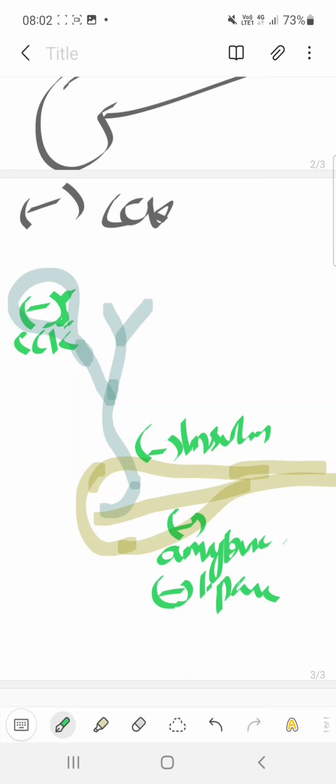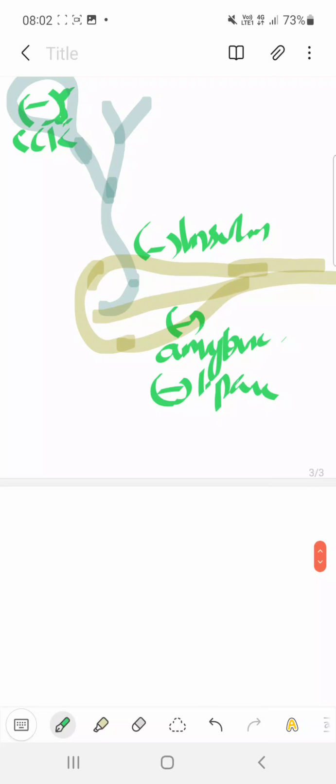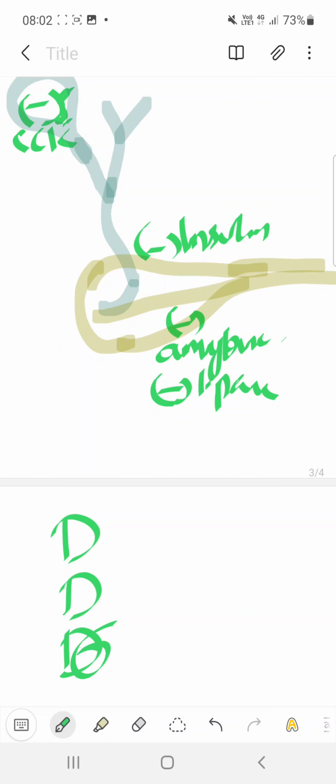So when amylase and lipase are inhibited, not acting, all this food without digestion is secreted in the intestine. They will be eliminated along with water, that is secretory diarrhea. So D and G. So here you have gallstone, secretory diarrhea and diabetes.